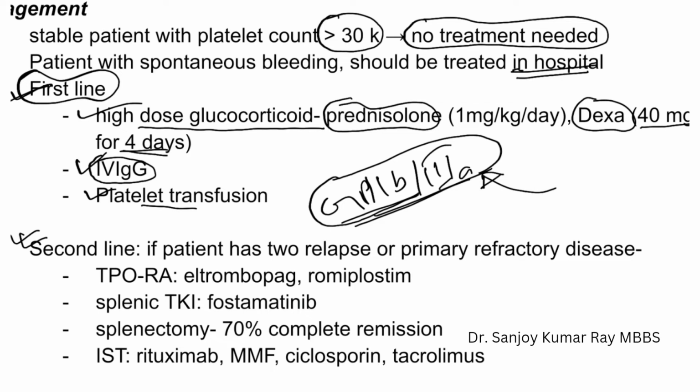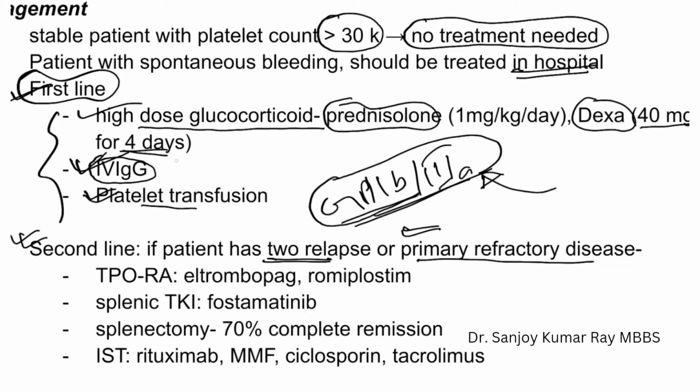But if the patient has two relapses, or primary refractory disease, that means from the very beginning the patient is not responding to the first line treatment, that is the high dose steroid, IVIG or platelet transfusion.